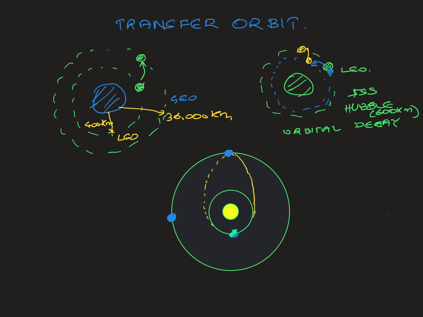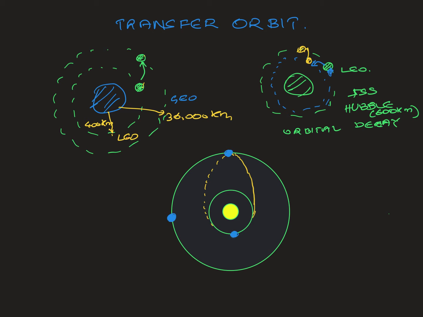So what do we do to get it to the high orbit? If you think about a satellite, the satellite is orbiting the Earth because of the gravitational force applied by Earth. Earth is attracting the satellite, and that's how we have a circular motion here.